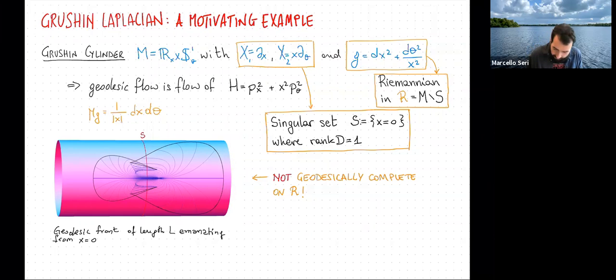But if you look here, once you remove the singular set, this is not geodesically complete. Geodesics in the Grushin case start and they like to cross the singularity. So now we are left with the problem of studying a sub-Laplacian on a space in which the geodesic flow is not complete. Is it going to be essentially self-adjoint? Do we need boundary conditions here? What can we say about this?